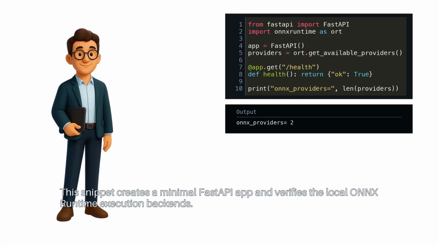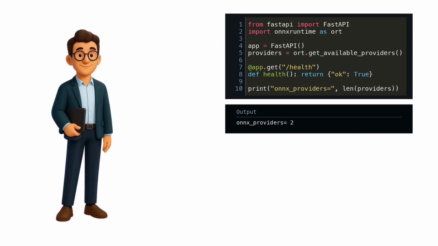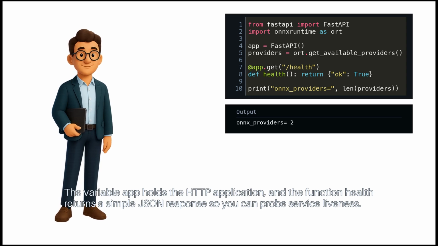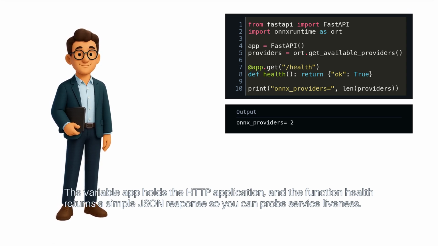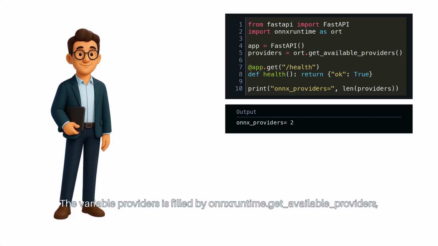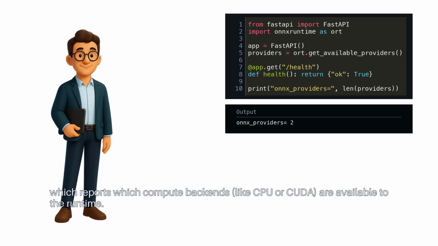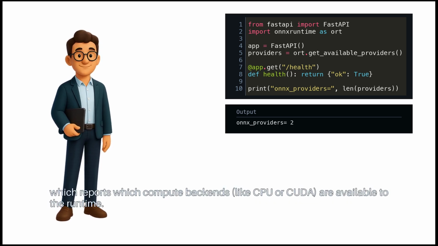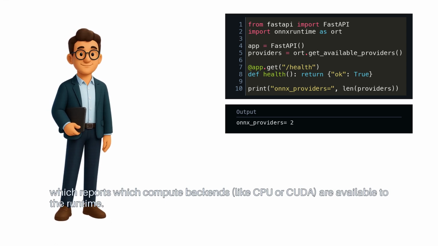This snippet creates a minimal FastAPI app and verifies the local ONNX Runtime execution backends. The variable app holds the HTTP application, and the function health returns a simple JSON response so you can probe service liveness. The variable providers is filled by onnxruntime.get_available_providers, which reports which compute backends, like CPU or CUDA, are available to the runtime.